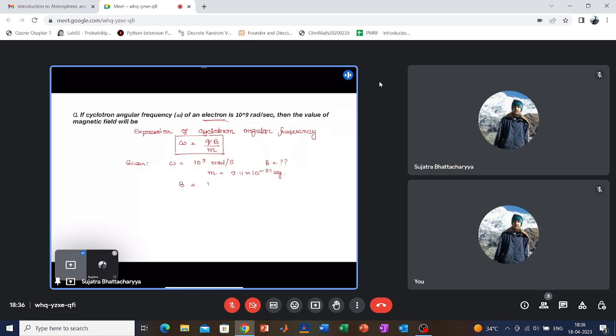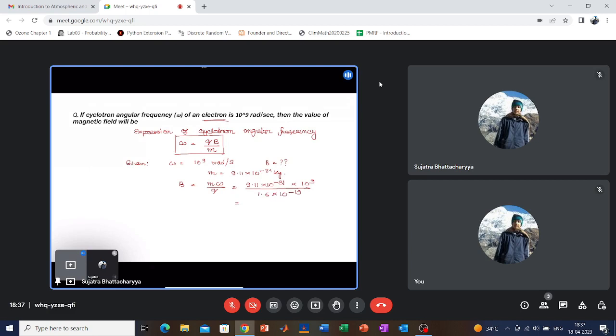So B will be m into omega by q. What is m? 9.11 into 10 to the power minus 31. What is omega? That is 10 to the power 9, divided by 1.6 into 10 to the power minus 19. So now just do it.